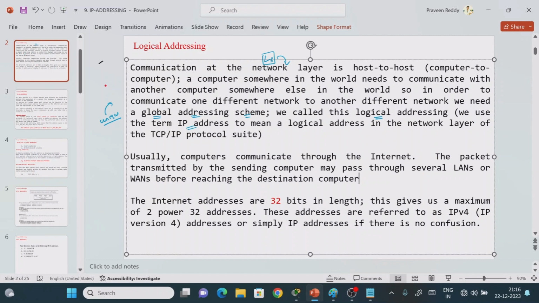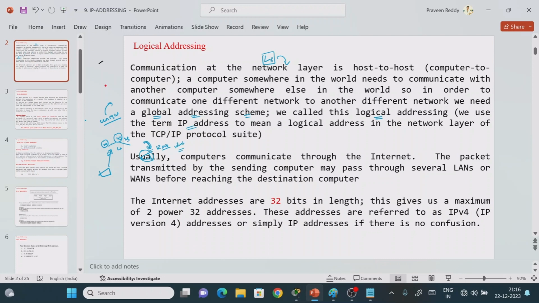It means that from your source machine to the destination machine, there may be n number of routers, n number of switches, that is, L2 and L3 devices, right? It has to pass through all these, and then finally it needs to identify where your destination device is located. For that we require something called a unique identification mechanism. That is what we call the IP addressing mechanism, right?